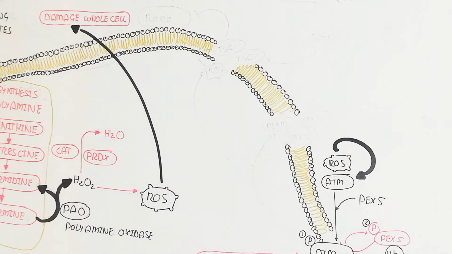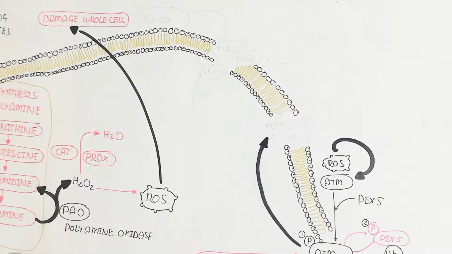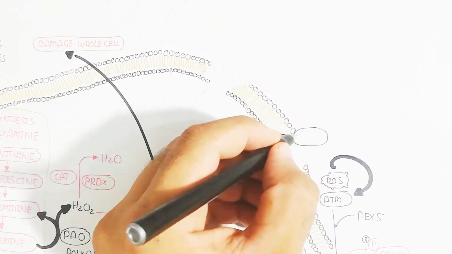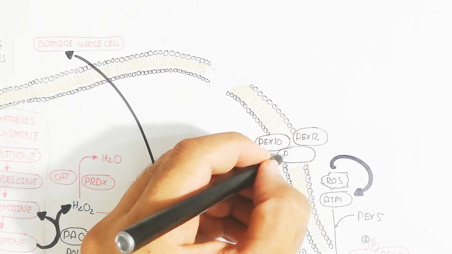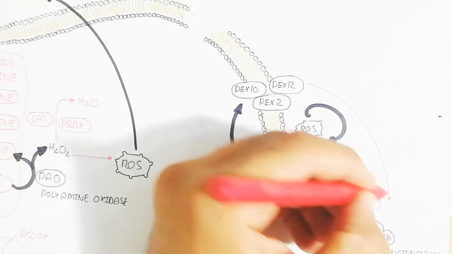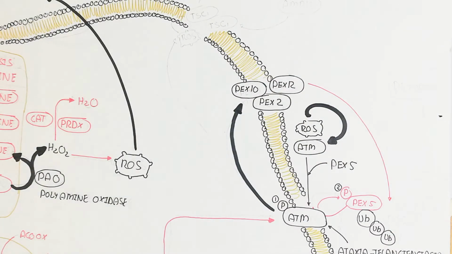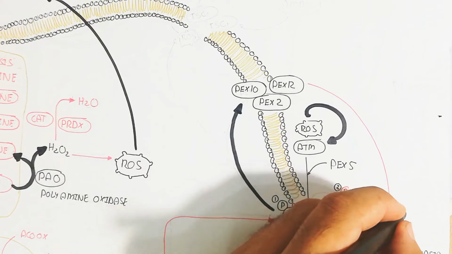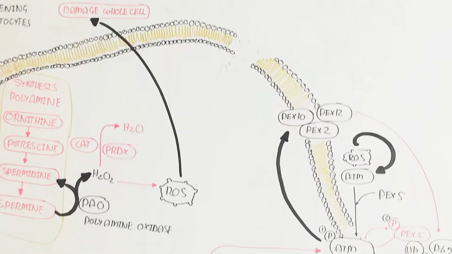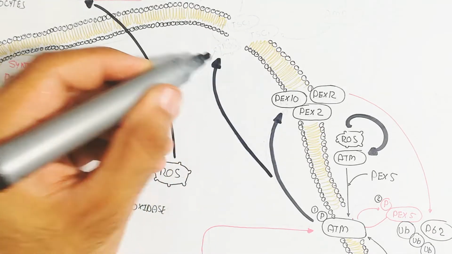In this way PEX5 will attach with ubiquitin. The PEX10, 12 and 2 trimeric complex will stimulate the phosphorylation, which will also lead to fixation of the P62 protein. And this P62 is protein 62.